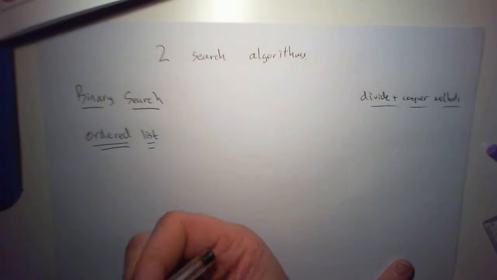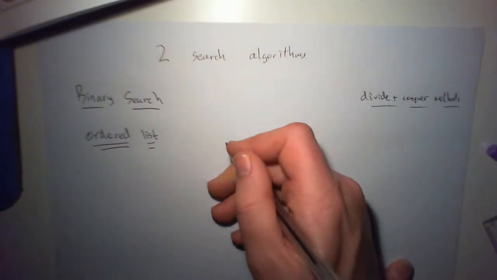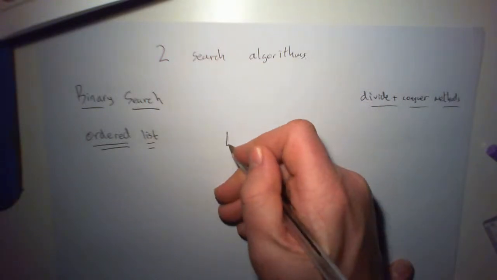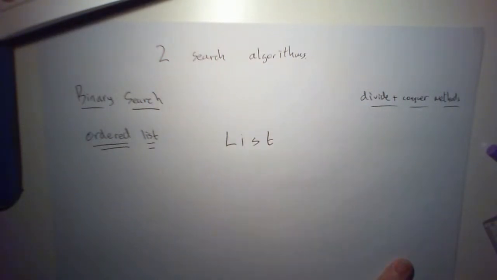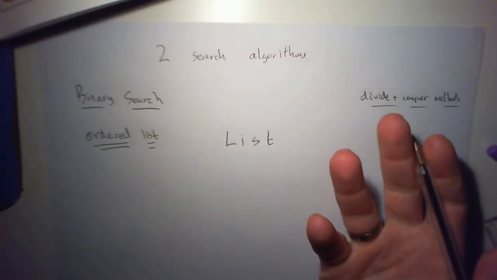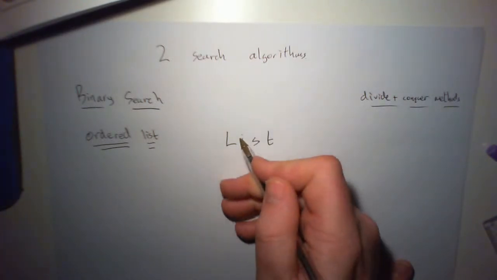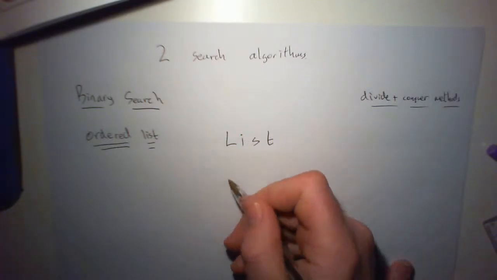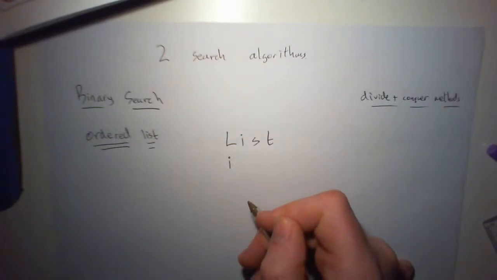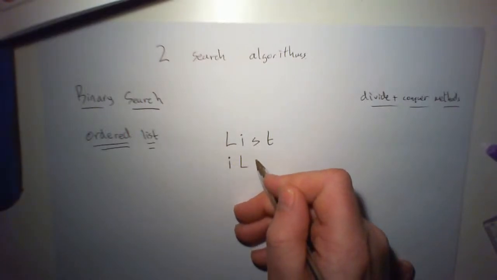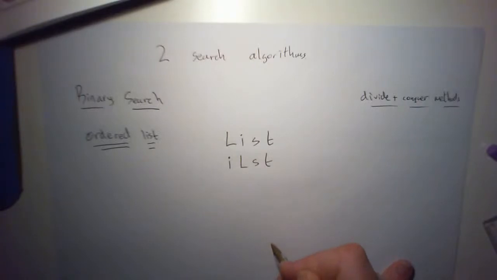So let's think of the concept. You find a list. Let's just take the word list, and you find the middle term. So first of all, let's rearrange this. Ordered, it would look like this: I, L, S, and T. Then you'd find the middle term.